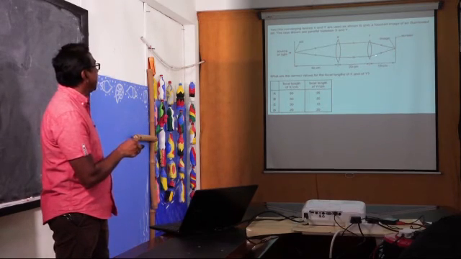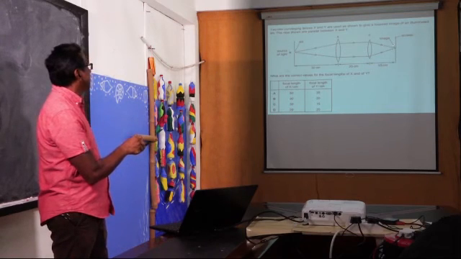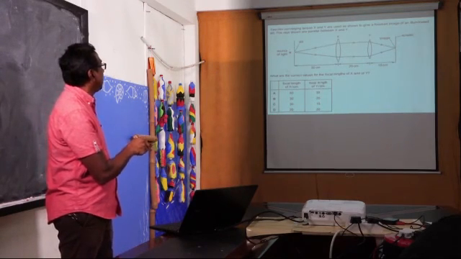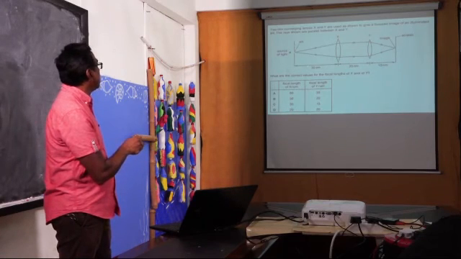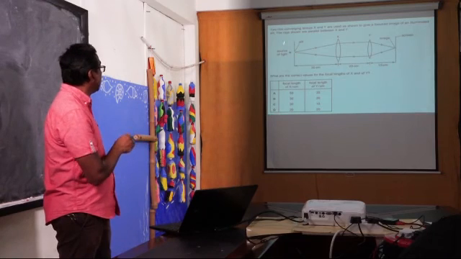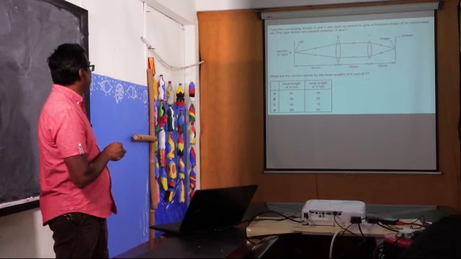Here it is parallel and then it is going through this distance. Therefore, this is a focal length. When it goes parallel, it goes through F. Therefore, it has to be 30 and 15. 30 is okay. Here, 15 is okay.